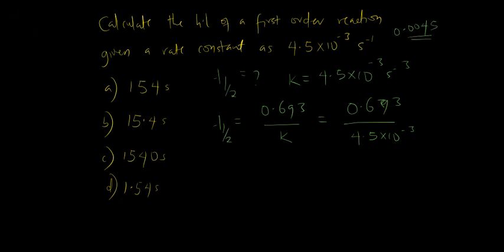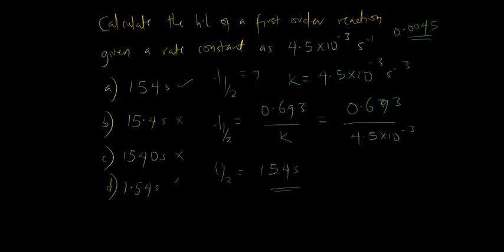This is just in standard form. So now our half life will be 0.693 all over 4.5 times 10 to the power of minus 3, which is the same thing as 154 seconds. Since the unit of half life is seconds, our answer is 1.